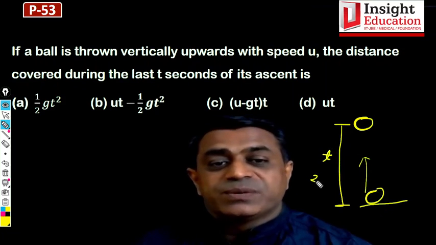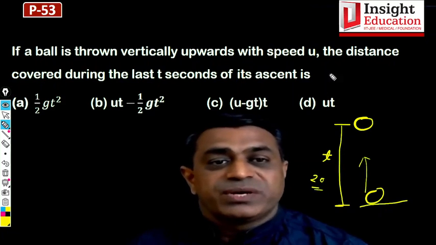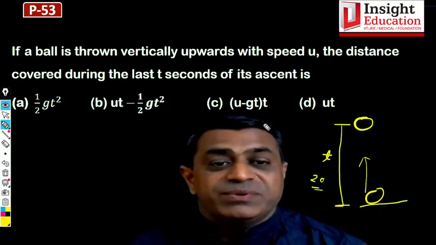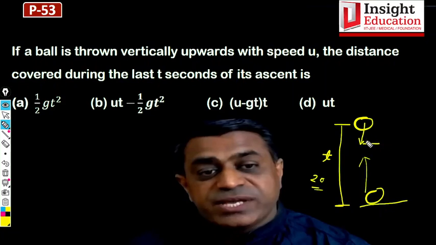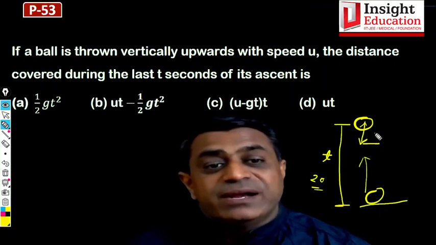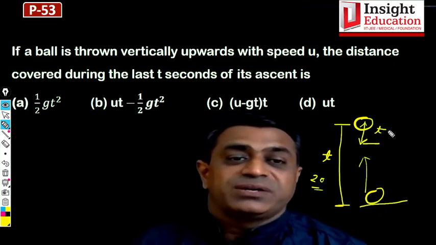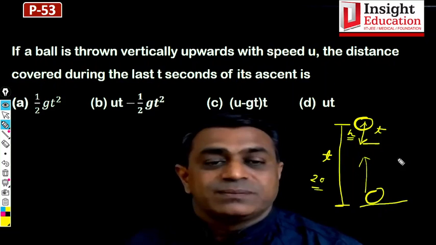I can say suppose 20 seconds, so t is equal to 20. So what is the distance covered during the last t second? It means distance covered in last second, last second means 20th second. So find out distance covered in last second.